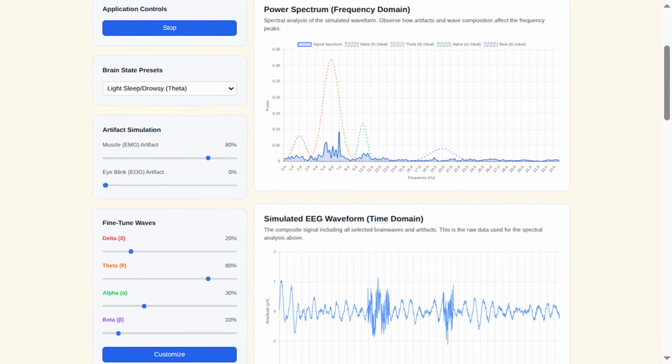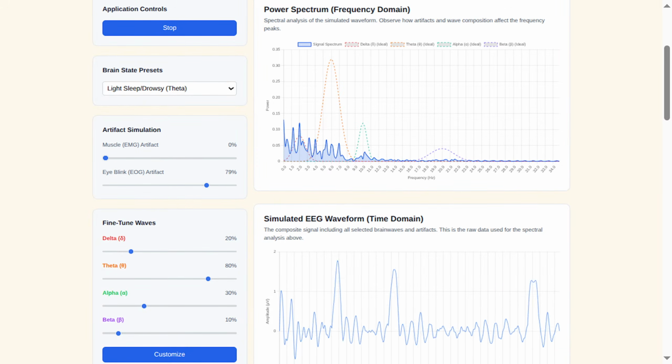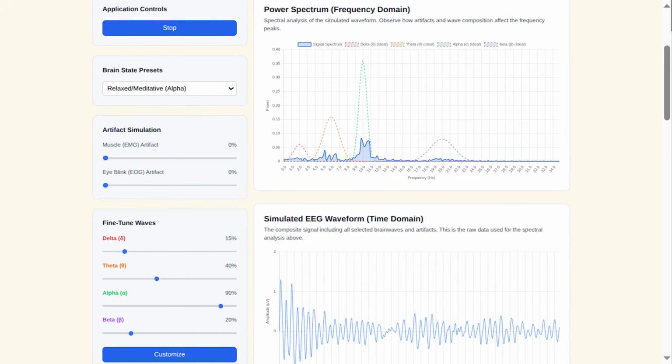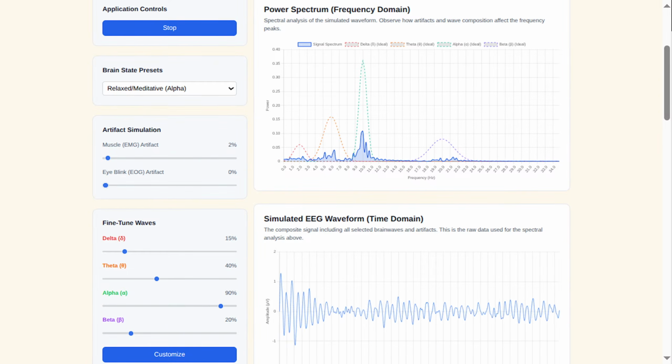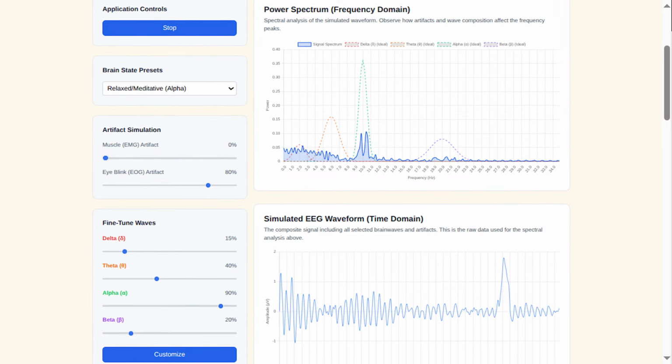Okay, I have the demo running. It's EEG. I will talk to... which model? Which model should we talk to? Yeah, we don't really need to explain the screen.